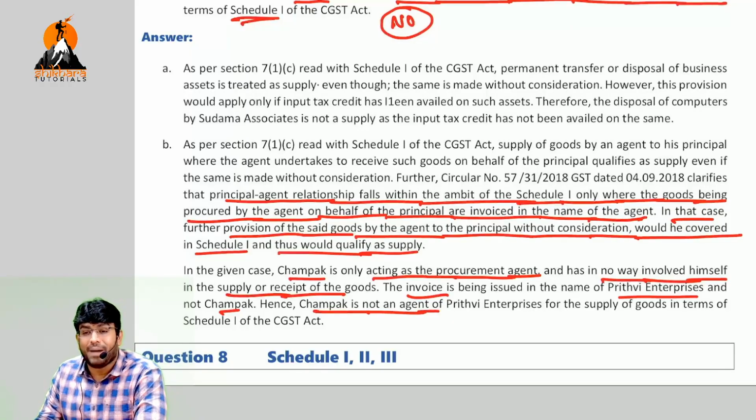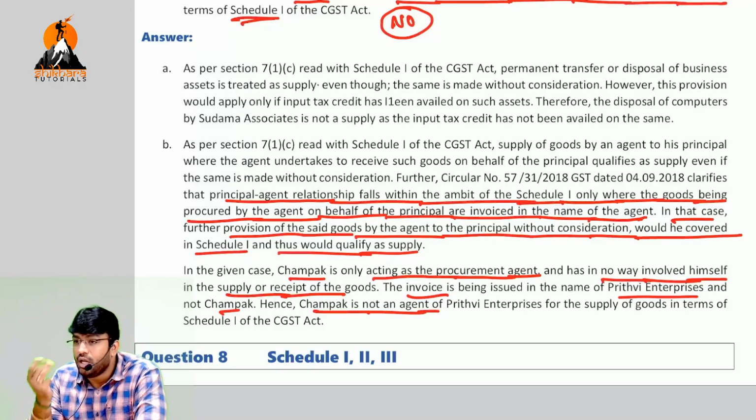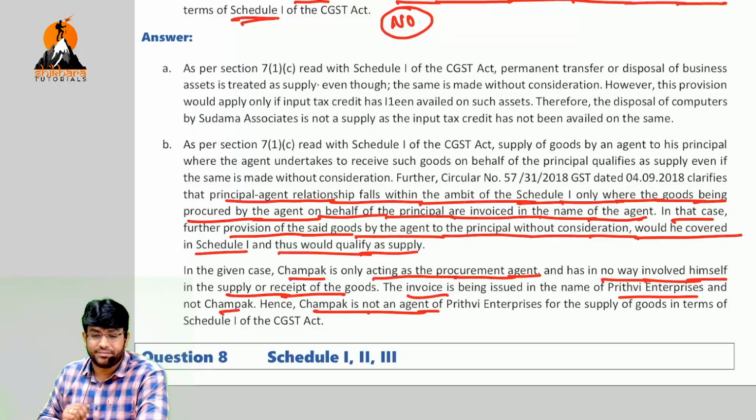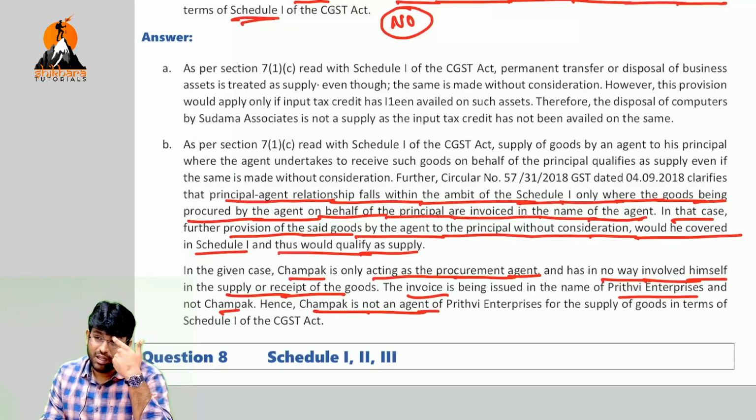Yeah, write down. Schedule 1, para 3 does not apply to a procurement agent since he is not involved in supply or receipt of goods.